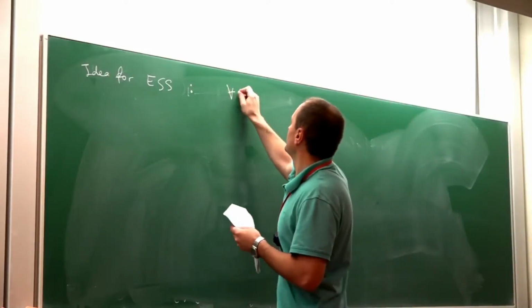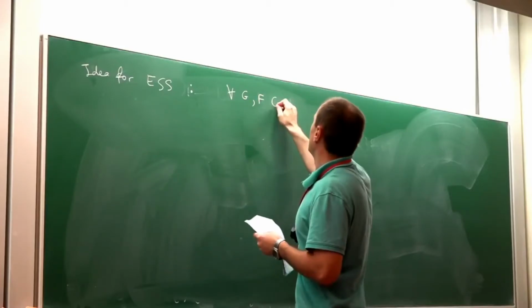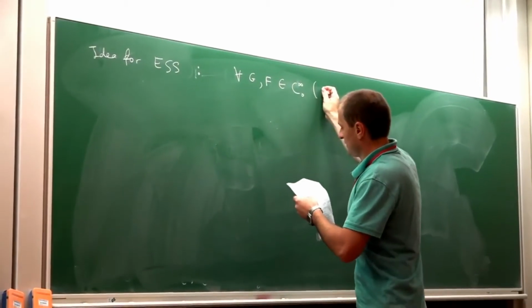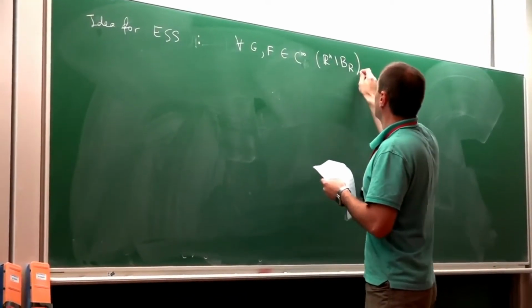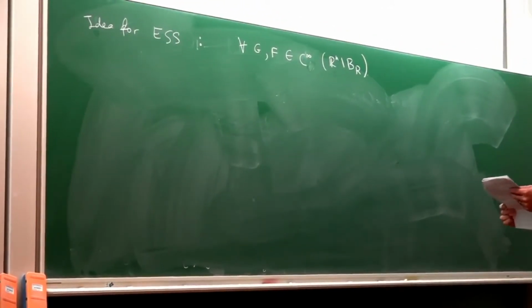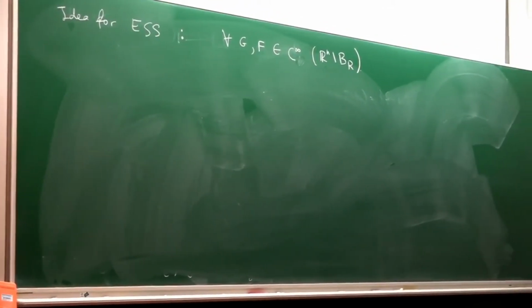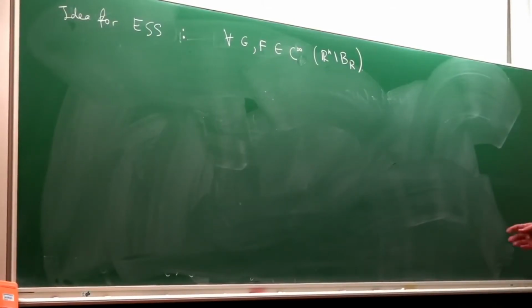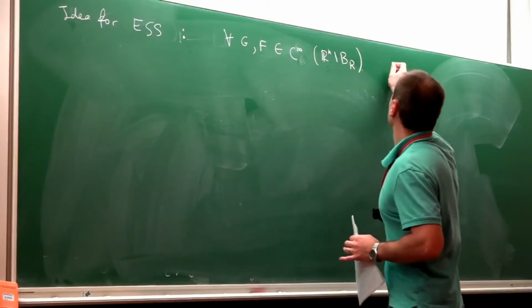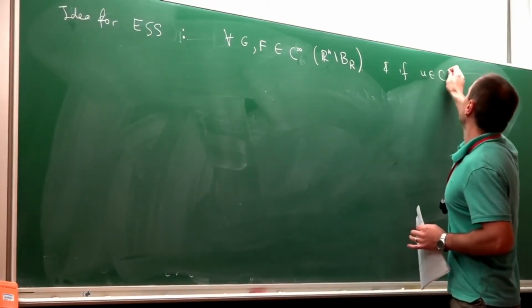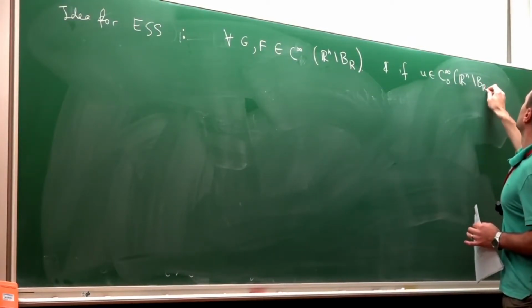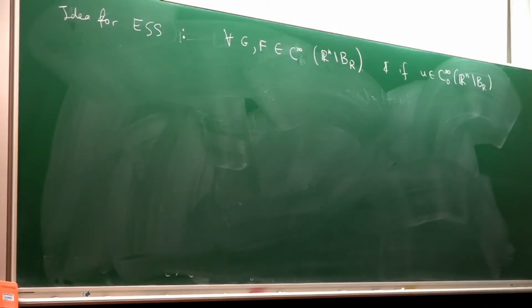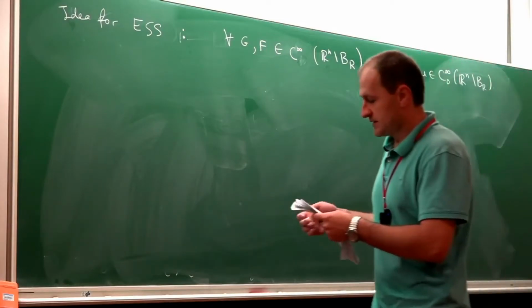You take two functions g and f, defined in Rn minus the ball. Actually, I will assume for now that u has compact support, and then we'll deal with the case when it doesn't. So let's assume I can integrate by parts. It's a long formula. Then we have the following.